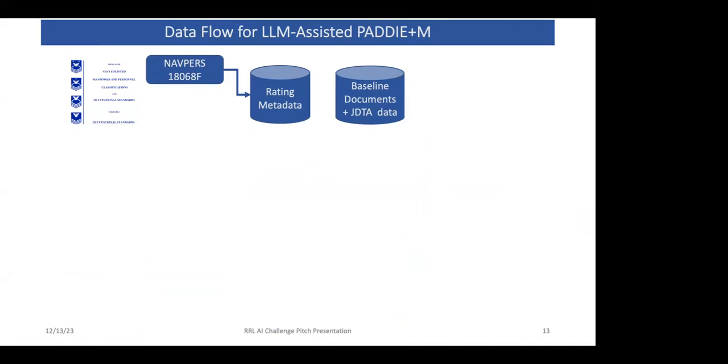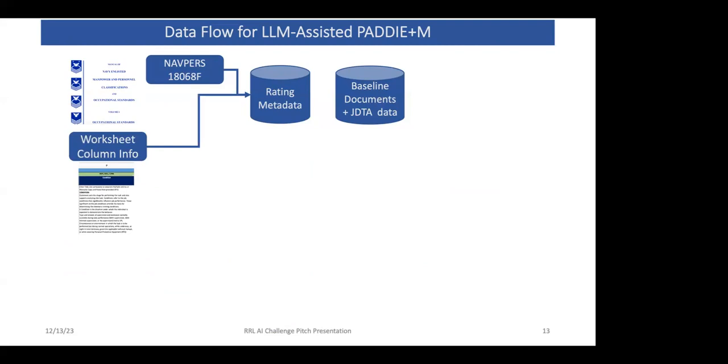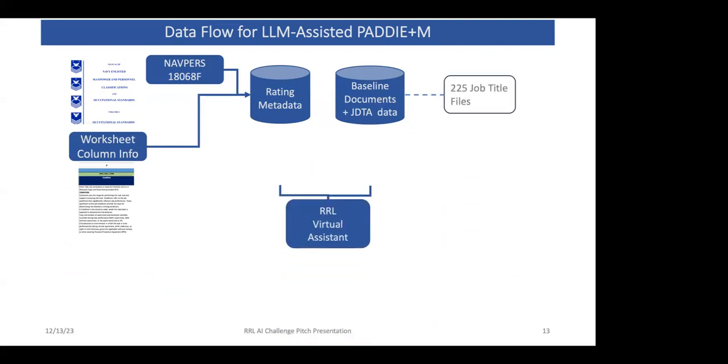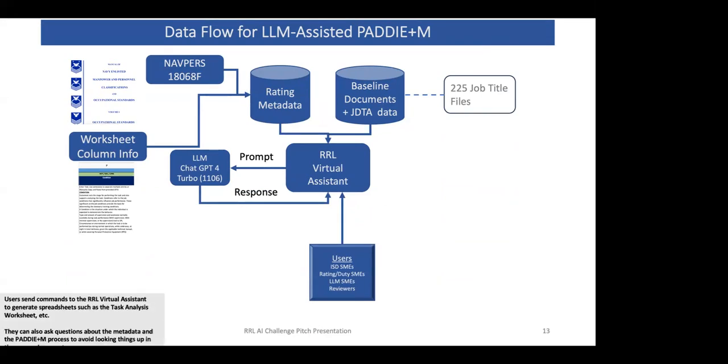And this is what the process looks like in our solution. So we start out with the occupational standards. We bring all of that rating metadata to make it available. We have a number of other baseline documents that we use, and we bring in the metadata from the worksheets as well. And then we pair the virtual agent with our large language model, in this case ChatGPT-4, and we make the virtual agent available to the subject matter experts that are working on this, as well as during the review process.